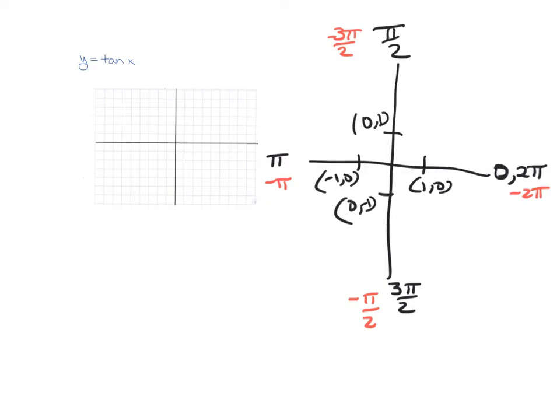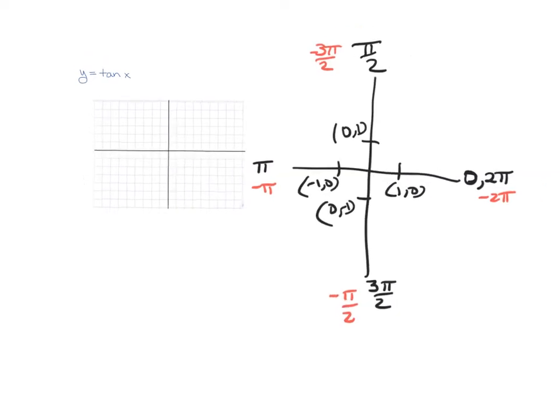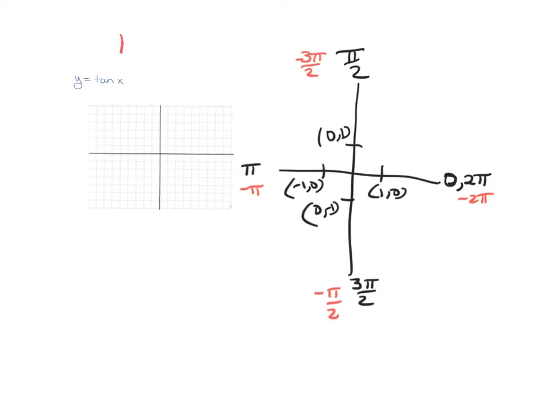All right, so let's go ahead and figure out what the tangent is for each one of these angles that are along my axis. So remember, tangent is going to be y over x.